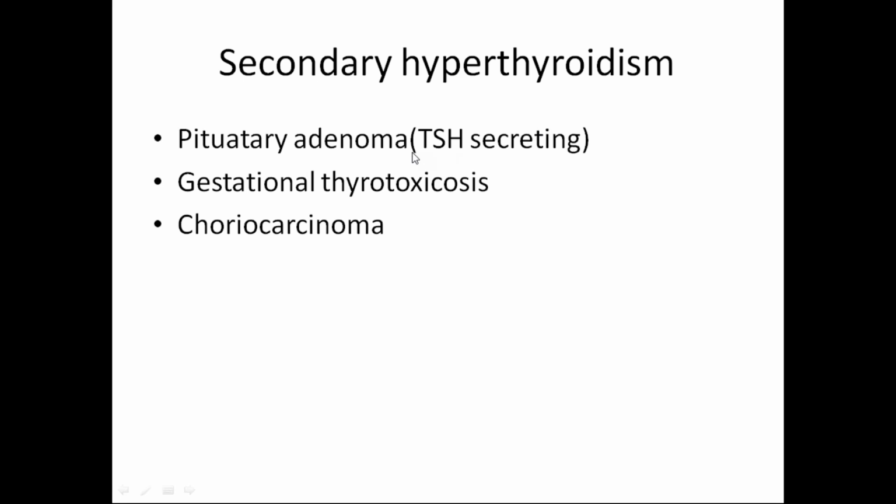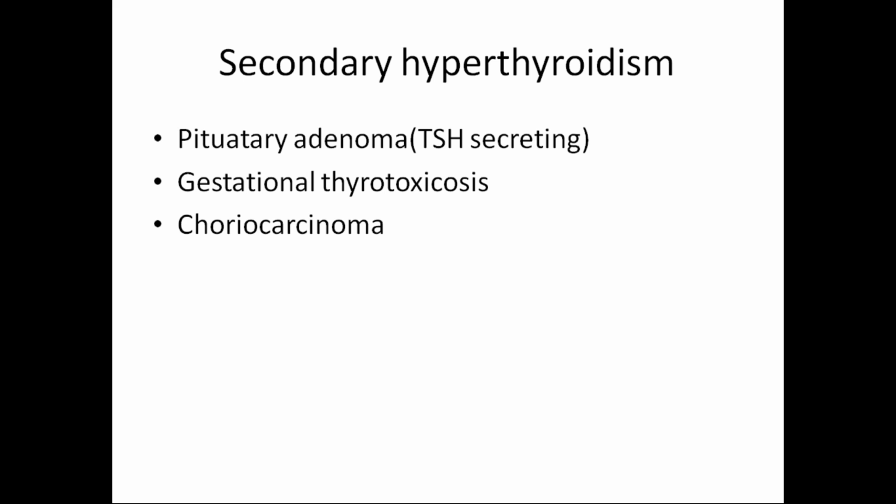There is no problem with the thyroid gland, but the problem is in the pituitary gland when it has a pituitary adenoma. Specifically, if it is TSH secreting, because the pituitary gland secretes many other hormones like GnRH, growth hormone, somatostatin, vasopressin, etc., any of the hormones can be hypersecreted. So specifically, if it is TSH secreting, then only do we have secondary hyperthyroidism.